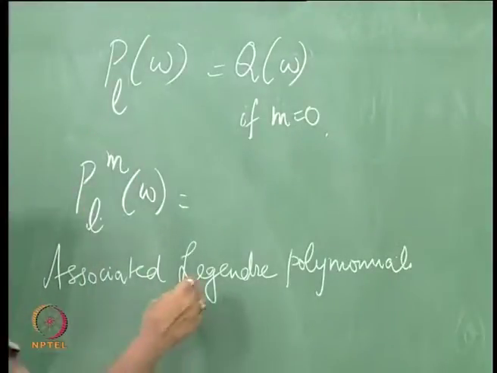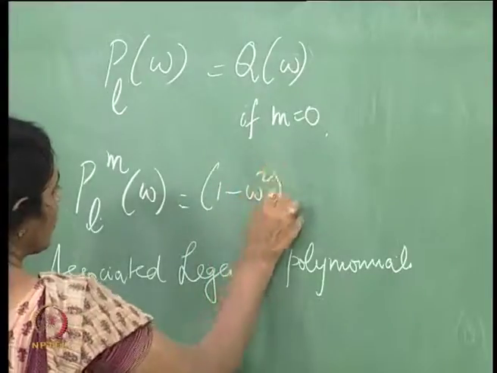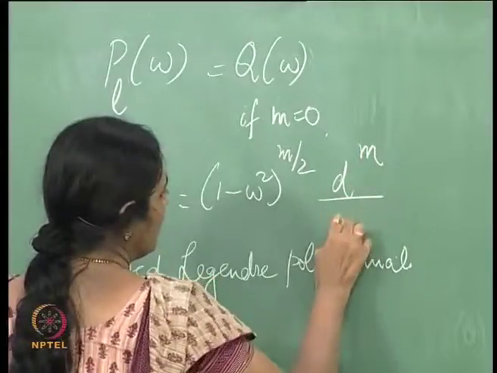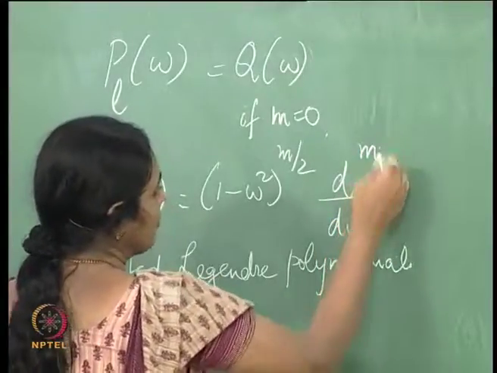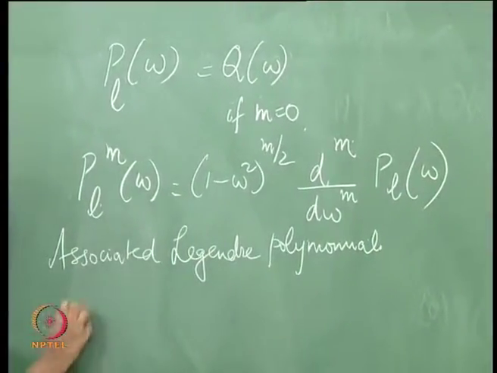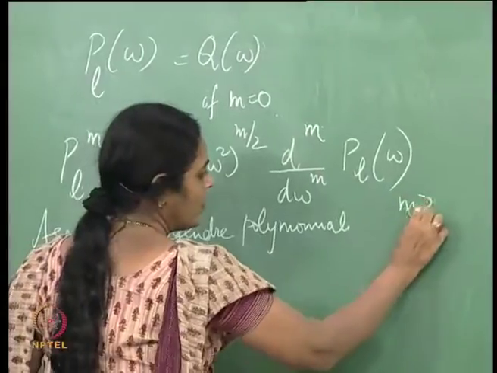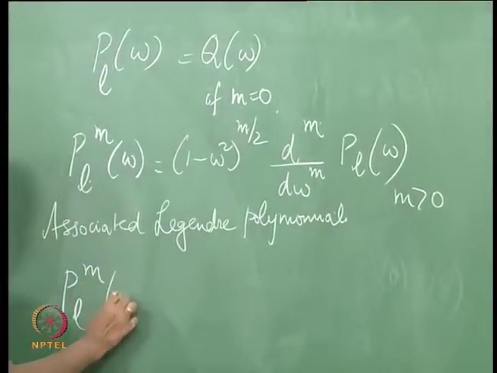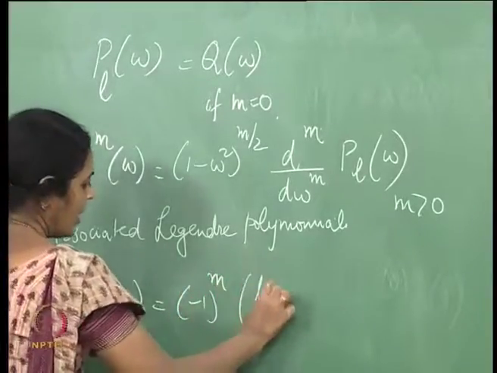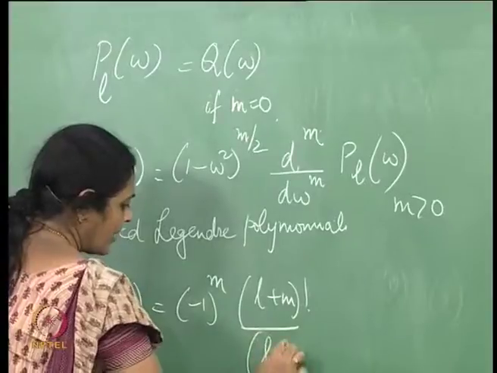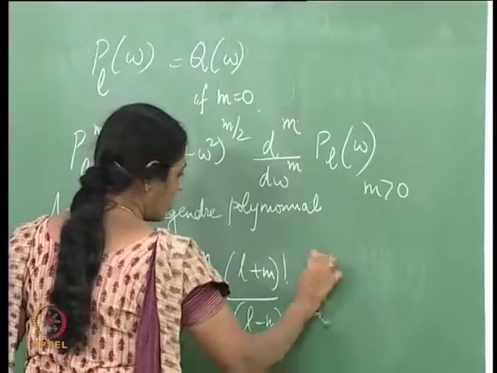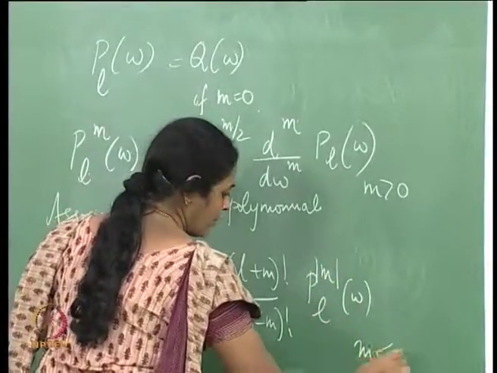And they are defined in terms of P L of w as 1 minus w squared to the m by 2 times the mth differential d m by dw m of P L of w. This is for m greater than 0, and I can define it also for m less than 0. If m is less than 0, it is minus 1 to the m, L plus m factorial by L minus m factorial, P L mod m of w.